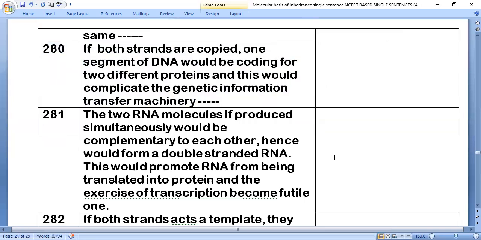If both strands are copied, one segment of DNA would be coding for two different proteins, and this would complicate the genetic information transfer machinery. True. The two RNA molecules, if produced simultaneously, would be complementary to each other, hence would form double-stranded RNA. This would prevent the RNA from being translated into protein, and the exercise of transcription would become futile.